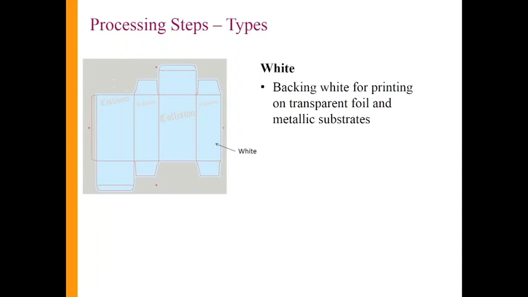The backing white, when printing happens on transparent foil or metallic surfaces. These data are usually embedded inside the PDF with a special false color so that a human reviewer can actually see where the white is.